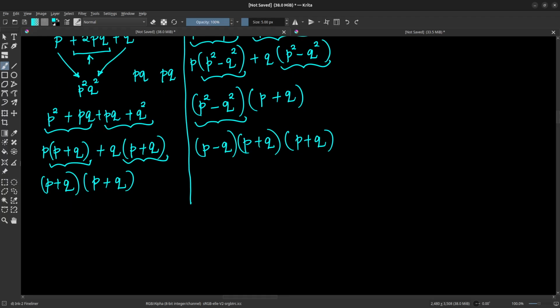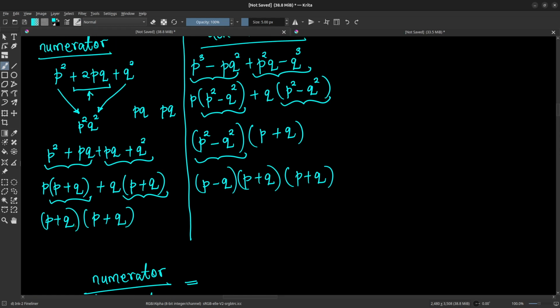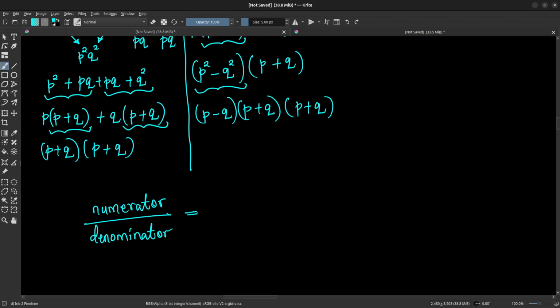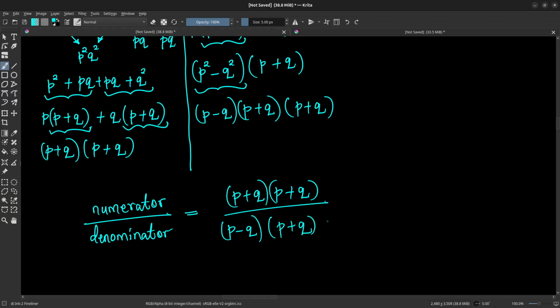So now when we say the numerator over the denominator, remember, the numerator is the one on the left, so p plus q times p plus q, and this is all over the denominator, which we've found to be p minus q times p plus q times p plus q.